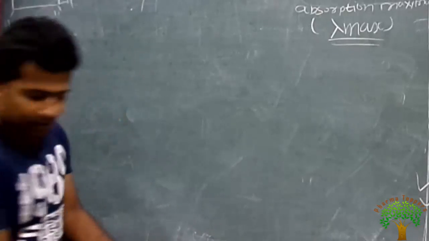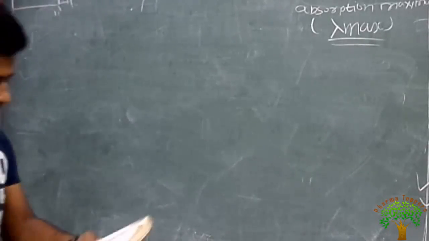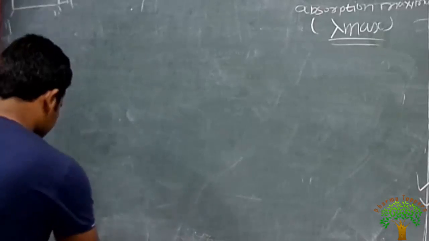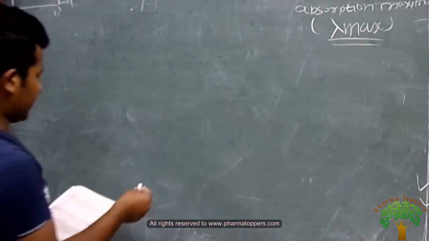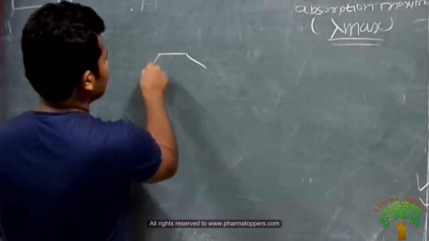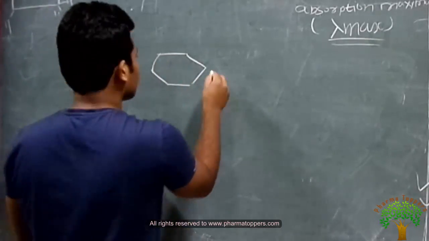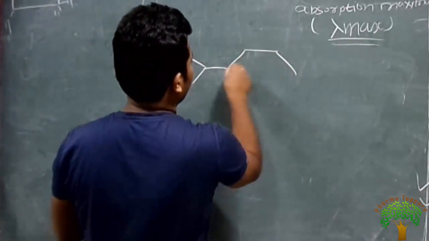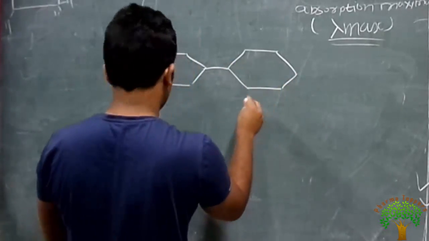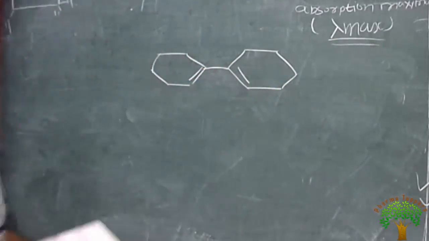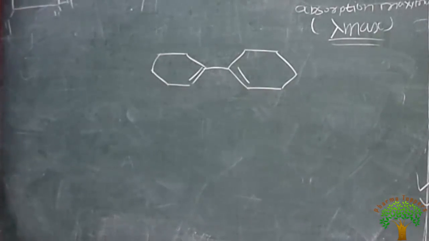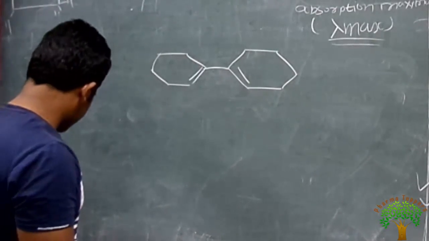Now let us start with another example. A simple example, you have to solve and practice. This is the structure. Something was missing in the previous structure.